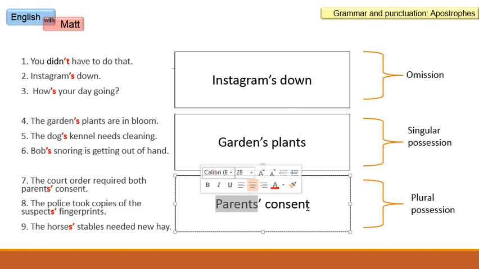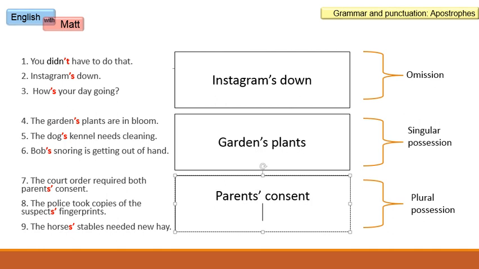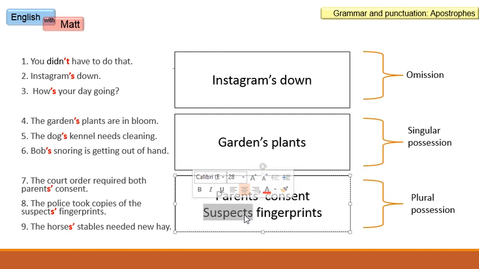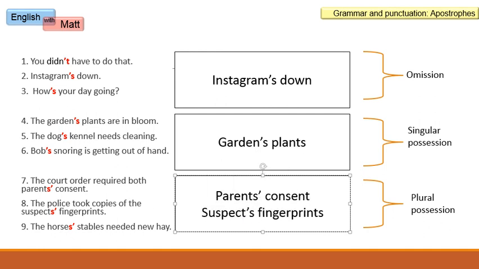Okay. Same thing with the suspects' fingerprints. Those fingerprints belong to more than one person. If we were to put the apostrophe here, it would suggest those fingerprints belong to one person, which they don't in this case. They belong to more than one person, so we put the apostrophe there.